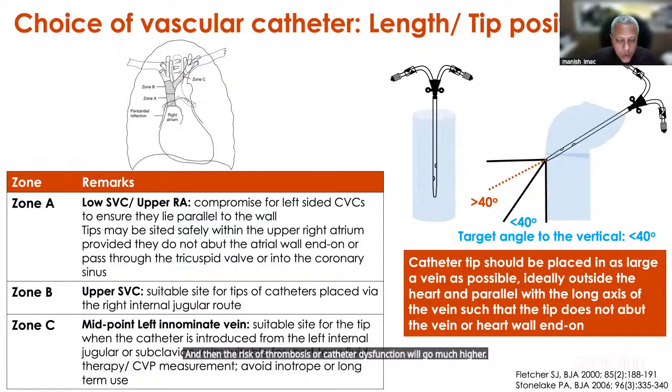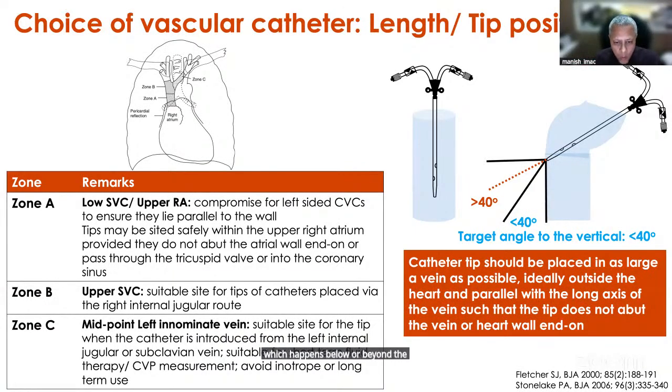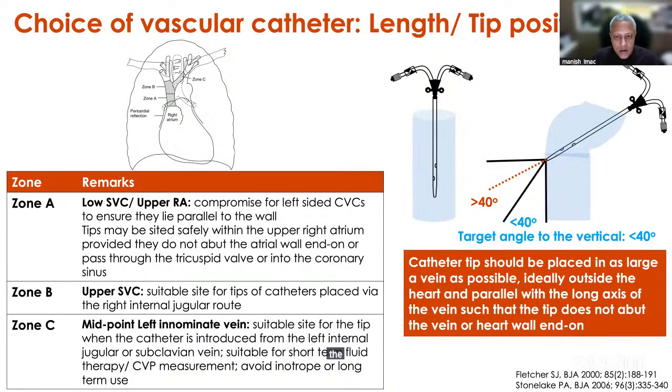Now, we also know that the veins and the heart are encased in the pericardium. And if inadvertently there was an injury or a perforation of these veins below the pericardial fold, then it could damage the endothelium and cause bleeding into the pericardium, and then it could cause pericardial effusion or hemopericardium, which would then compromise cardiac function and cause shock.